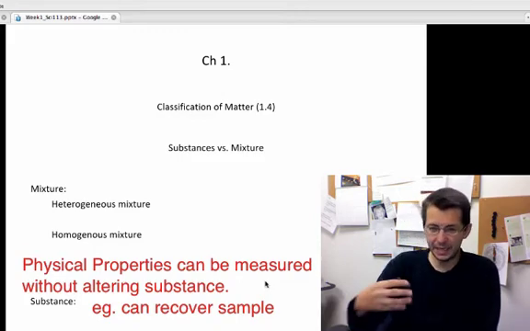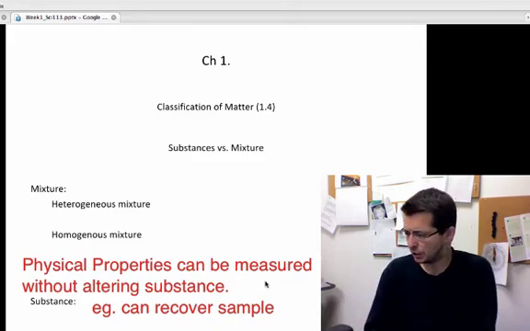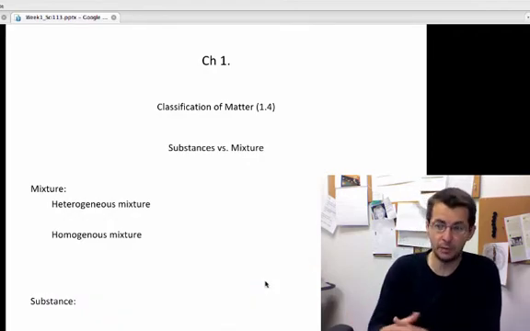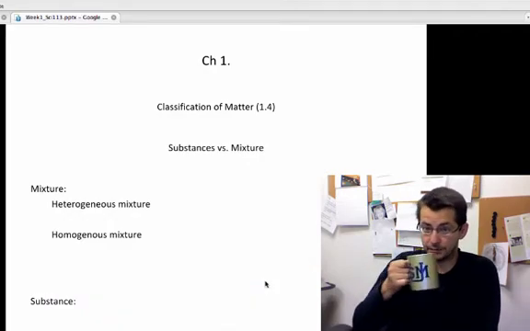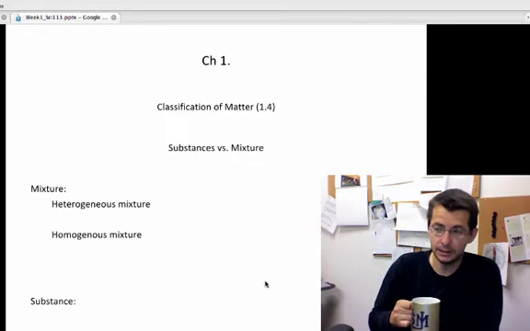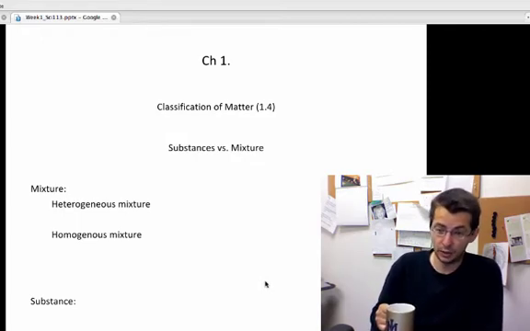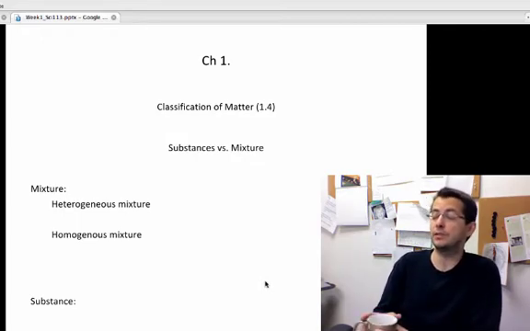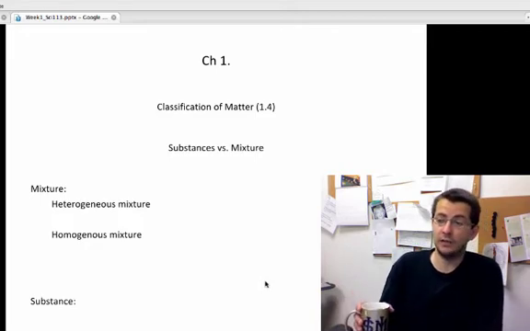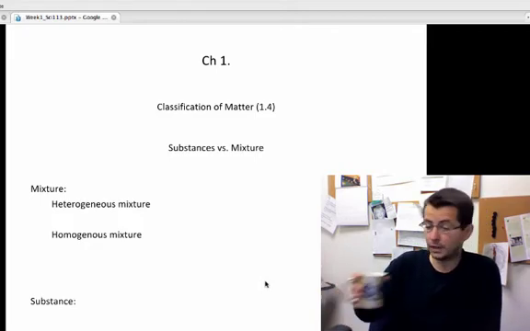By that I mean we can get it back. A good example is boiling point or melting point. We take some ice and we melt it. It melts at 0 degrees centigrade, freezes at 0 degrees centigrade. That's consistent no matter if we have a little bit of water or a lot of water.